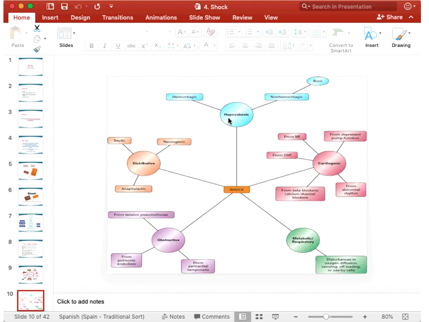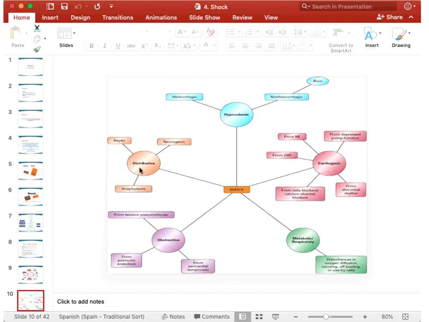We have hypovolemic shock, which can be either hemorrhagic or non-hemorrhagic, such as burns. We have cardiogenic shock that comes because of failure of the heart as a pump. It is not pumping as it should. We have respiratory shock that comes from the cardiogenic.